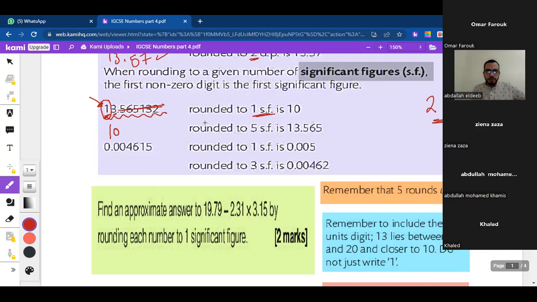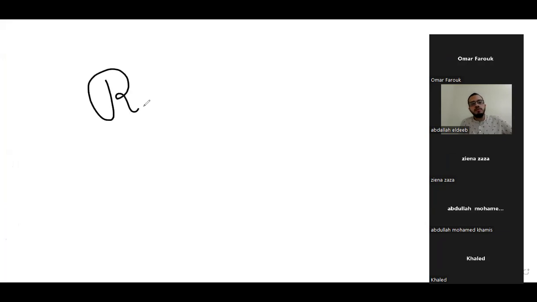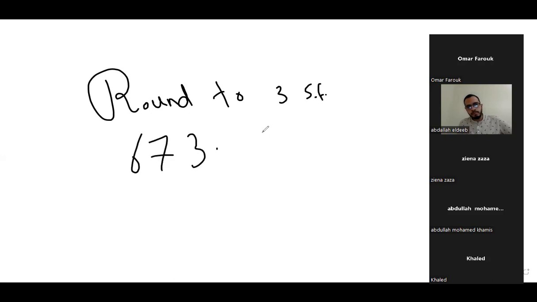So here, for example, round to 3 significant figures. Well, I have to first determine the 3 most important digits, which are 6, 7, and 3.